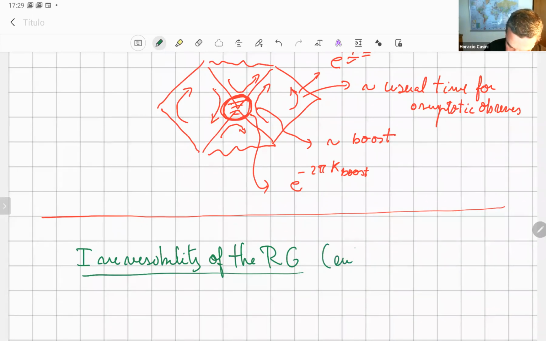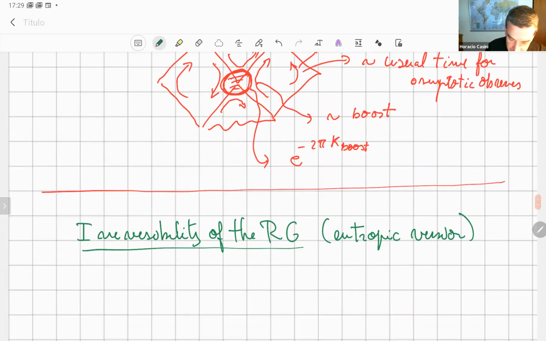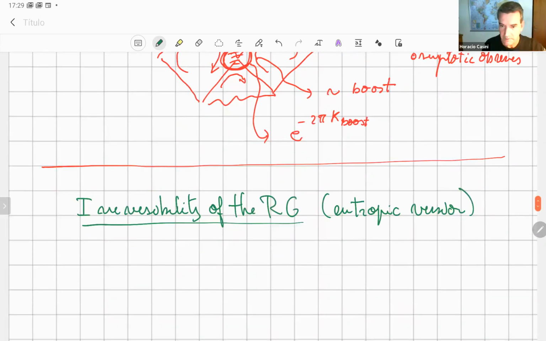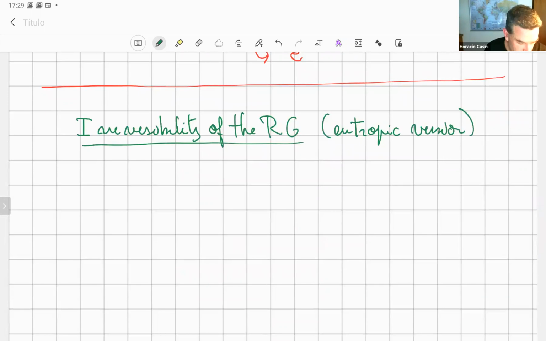With entanglement entropy. So using entanglement entropy, let's call it the entropic version. So let me first describe what is this irreversibility of the renormalization group.